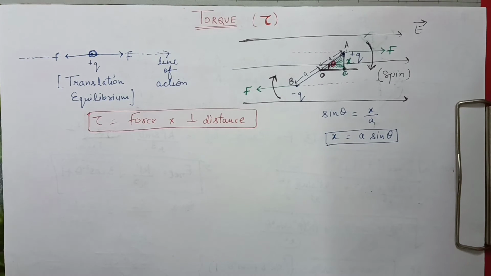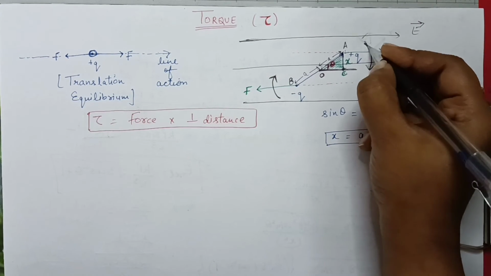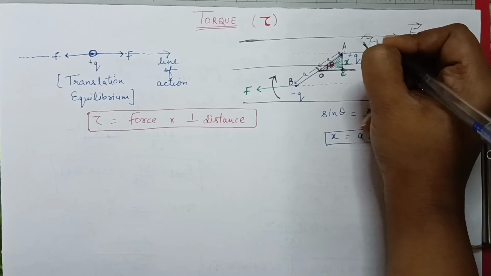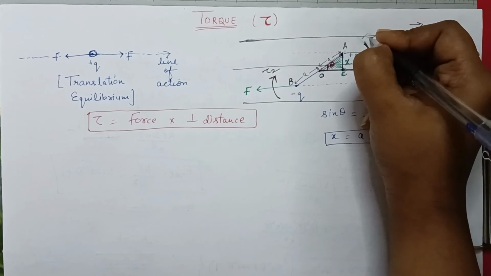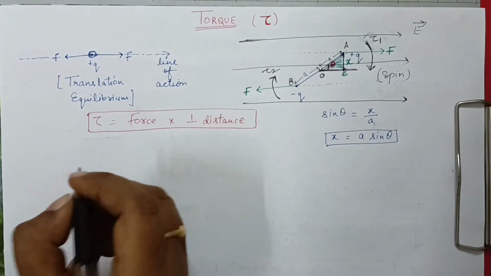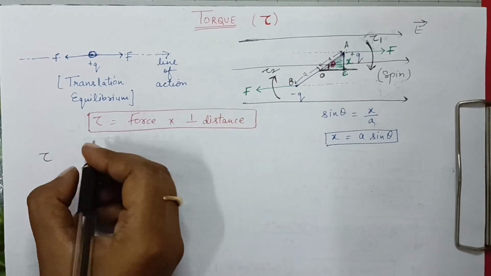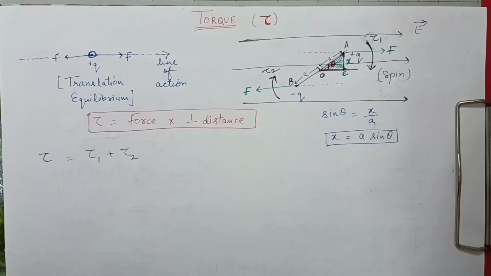Now in this diagram, we have two torques, one in this direction and one in this direction. I'm naming them tau 1 and tau 2. These are the two torques. So the net torque acting on this dipole will be the summation of these two torques, tau 1 plus tau 2.